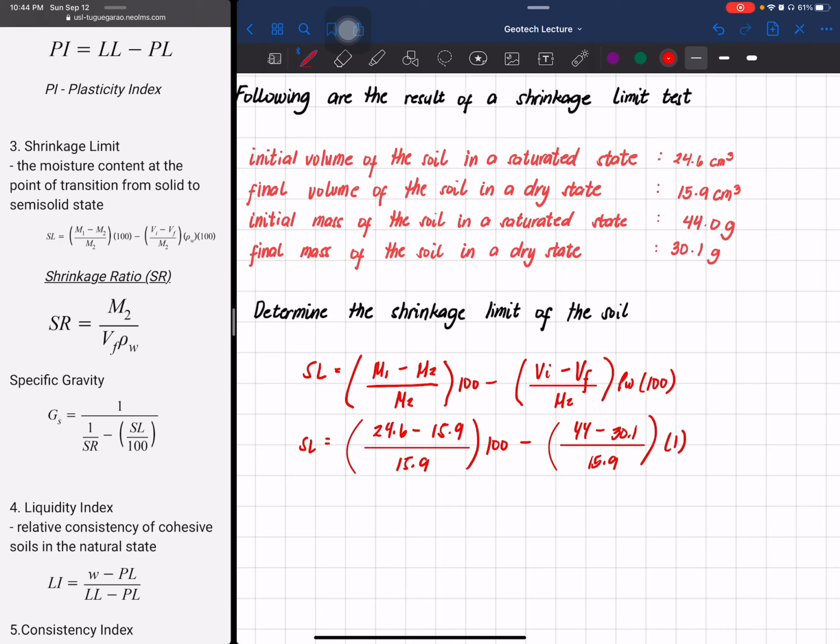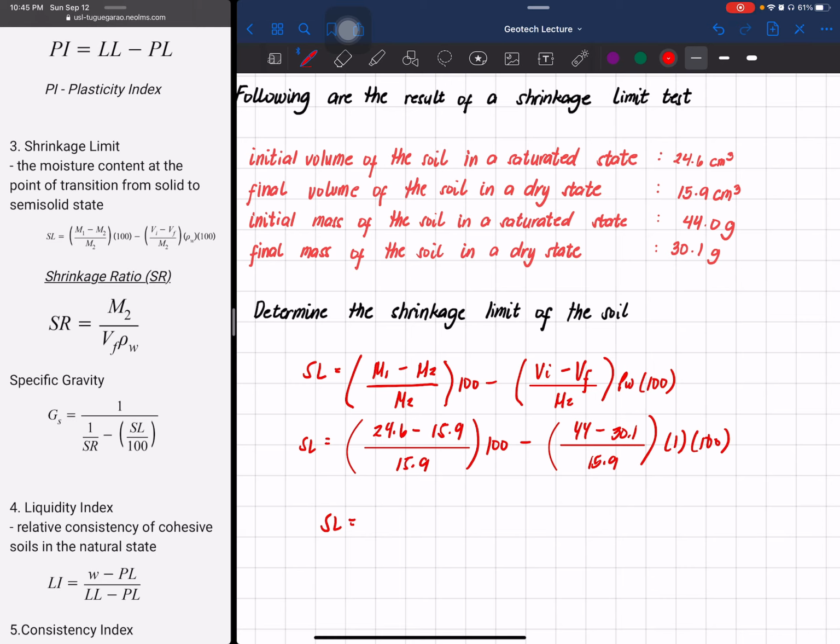Kasi 1 gram per cubic centimeter because the units in the given are expressed in terms of grams and cm. Okay, so multiplied by 100. Okay, and what is now your shrinkage limit? Okay, so let me just calculate it. 24.6 minus 15.9 all over 15.9 times 100 minus 44 minus 30.1 all over 15.9 multiplied by 100.